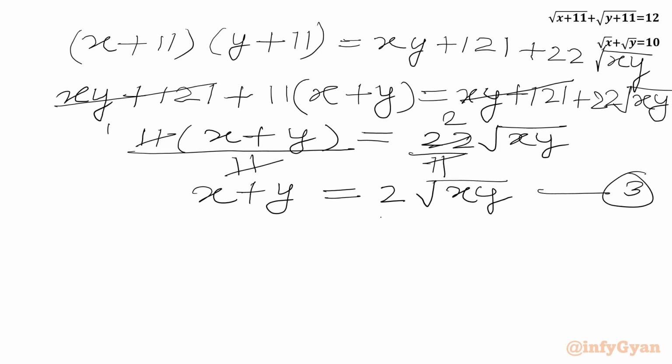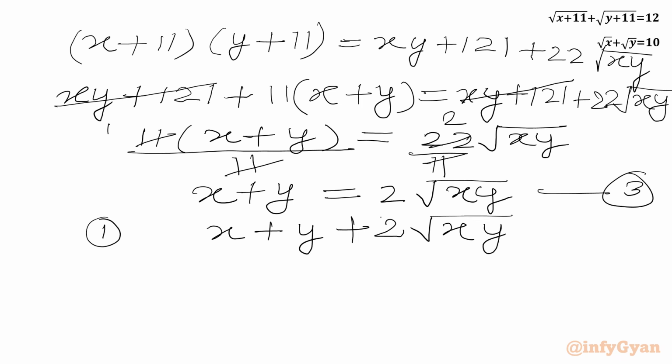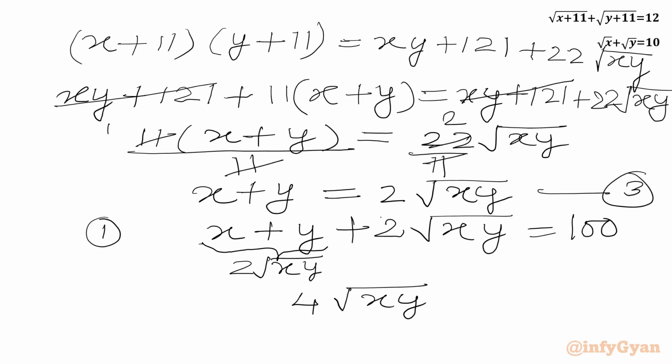Equation number 3. Now we will rewrite our first equation. Equation 1 is x plus y plus 2 times the square root of xy equal to 10 squared, which is 100. Now using third equation we can write here 2 times the square root of xy. So LHS will become 4 times the square root of xy and right hand side is 100.